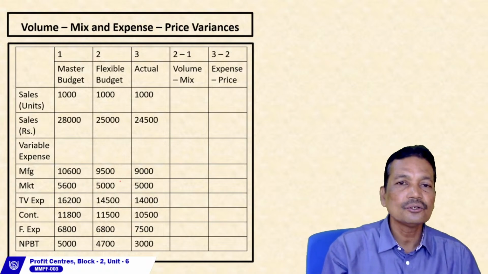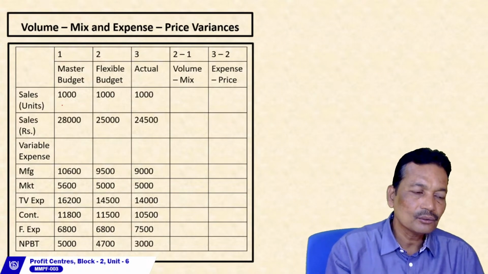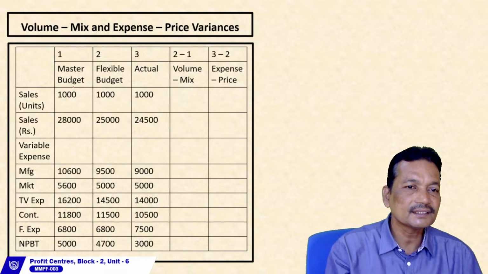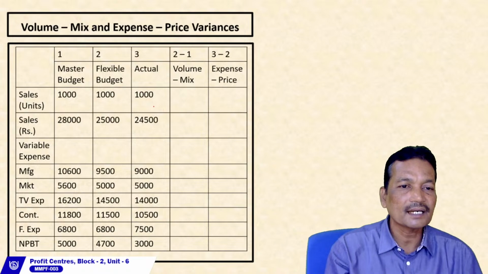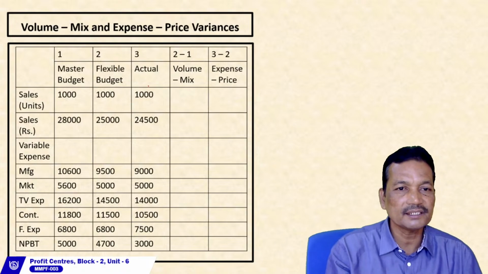Similarly, here also we try to analyze the variances. Now look at the figures. These are the figures that we have got from our data set. I have master budget, I have flexible budget, I have also the actual budget.